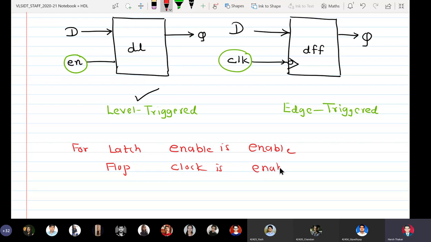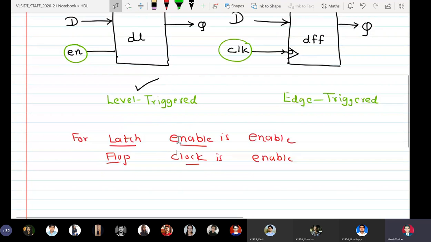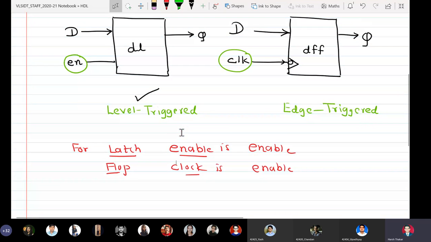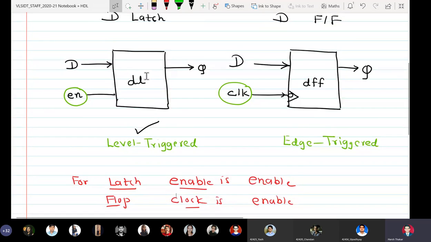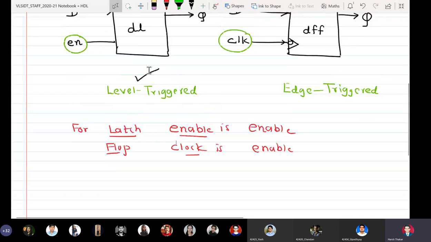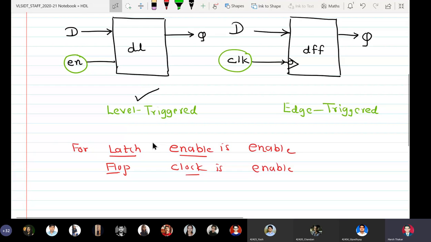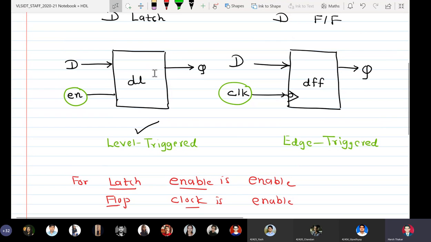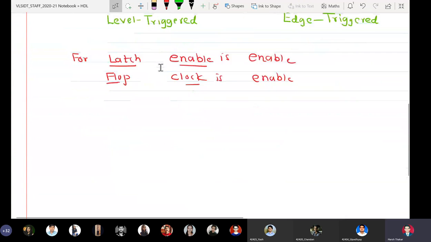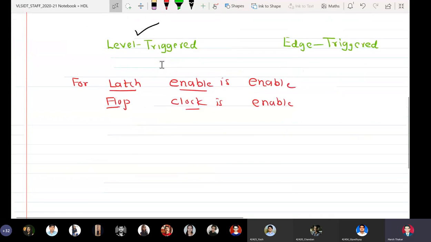There is a rhyming here: flop, clock. So for a latch, enable is enable. For a flop, clock is enable. Please remember this. Flop, clock, latch, enable. And as they told, latch is a level triggered system and flop is an edge triggered system. That means the enable window is a level here and an edge here. So we can summarize this.